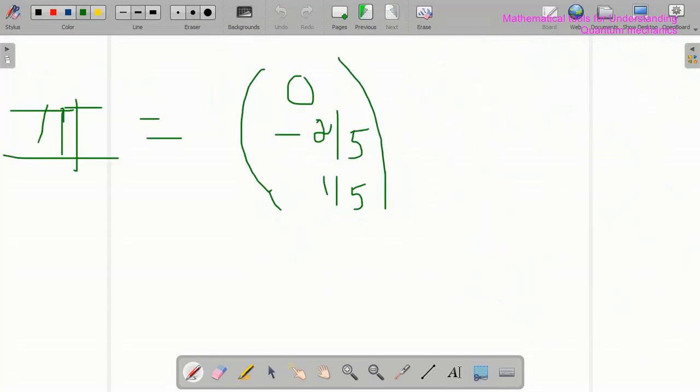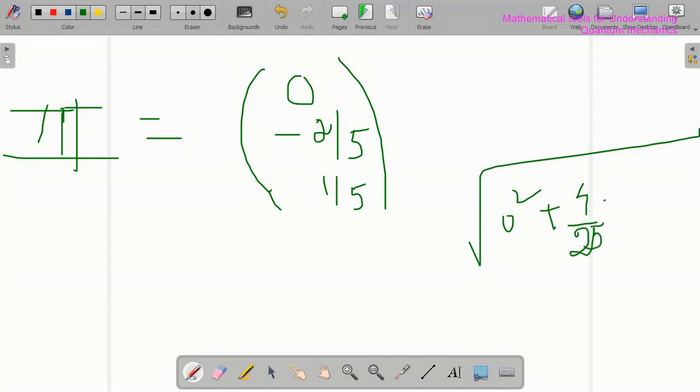What is the length of it? 0 square plus 4 by 25 plus 1 by 25, so 5 by 25, that is 1 by root 5.